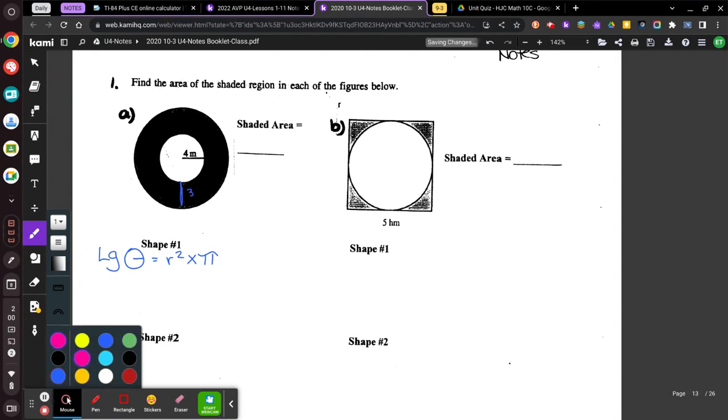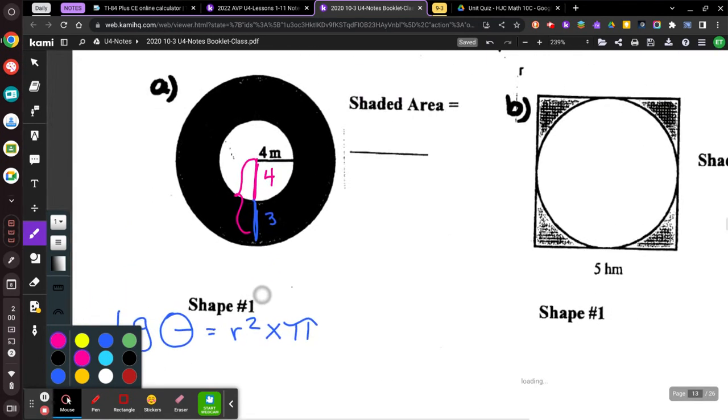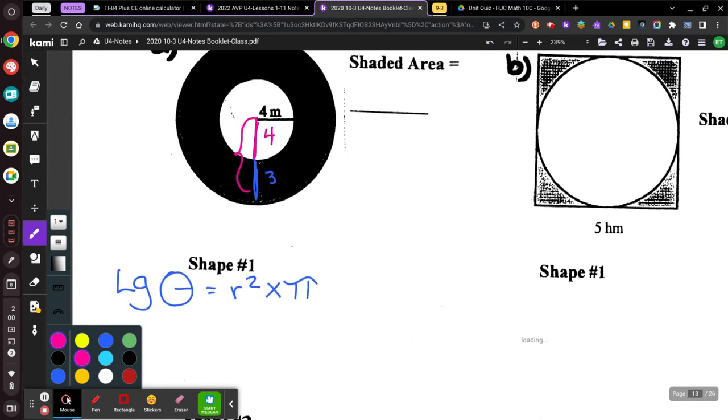So if I connect that to this one right here, that's a 4, how long is this whole area? What would the 4 plus 3 be? That would be 7. So that means in our large object, our r is 7. So I'm going to go 7 squared times pi.